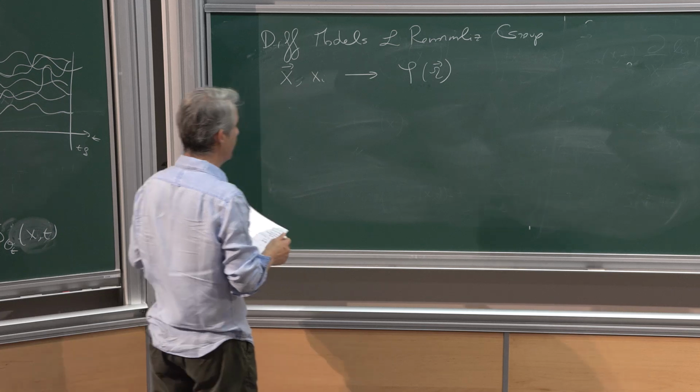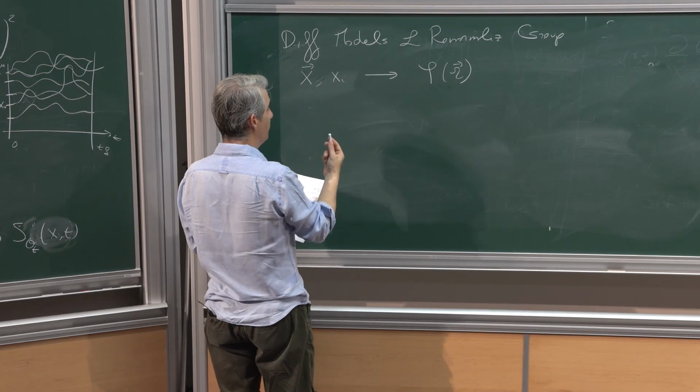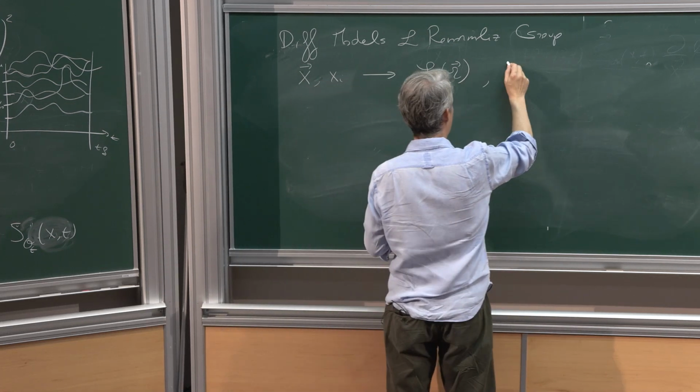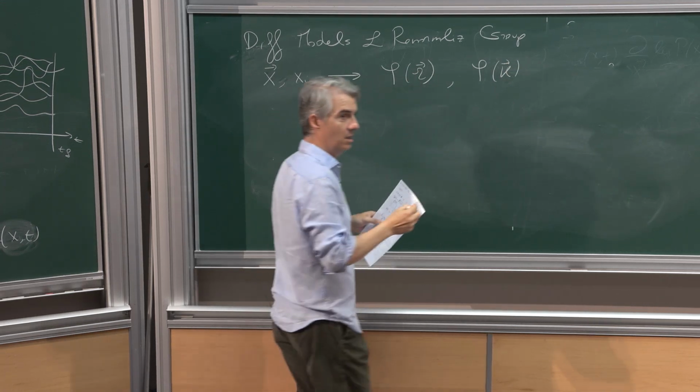Okay, now imagine that I construct an interpolant in this way. I go into Fourier space, so instead of phi of r, I have phi of p, where p is the wave vector.